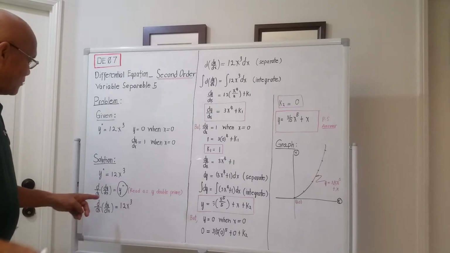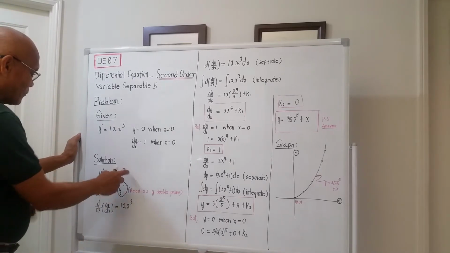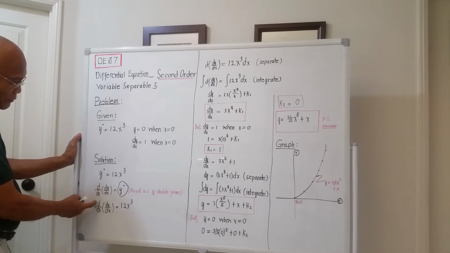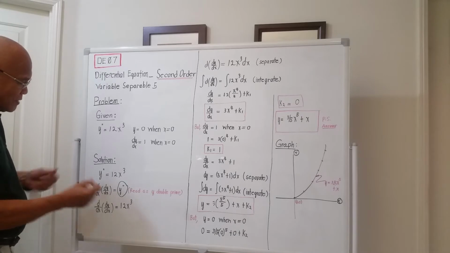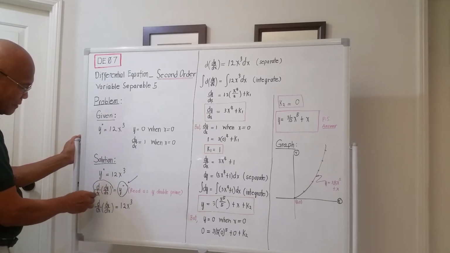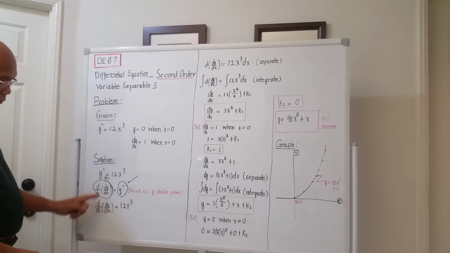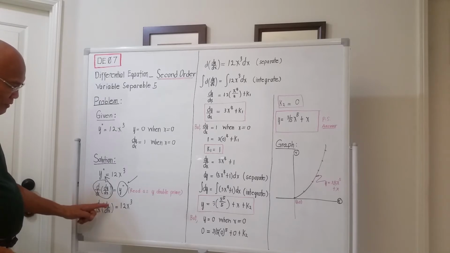The first derivative is actually dy/dx. So y double prime is actually the derivative with respect to x of dy/dx. So we will replace y double prime by this equivalent here. What will come out? The derivative with respect to x of dy/dx equal to 12x cubed.